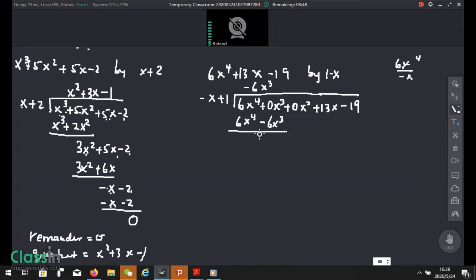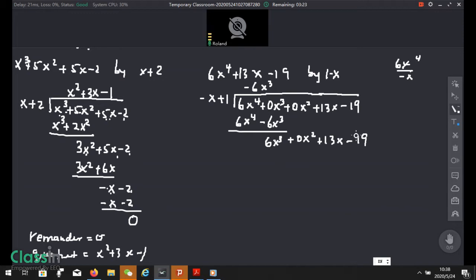And we can subtract. 6x to the fourth minus 6x to the fourth goes to 0. 0x cubed minus negative 6x cubed becomes positive 6x cubed. Of course, there is 0x squared here. There is 13x. There is negative 19. We just put them down.